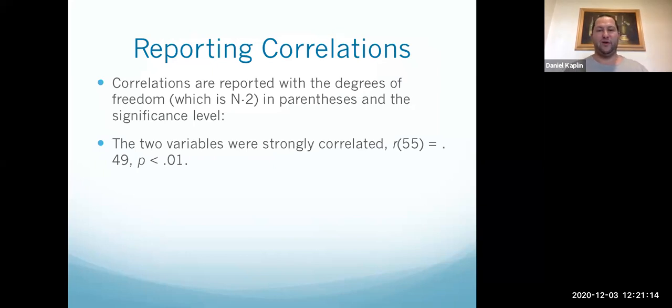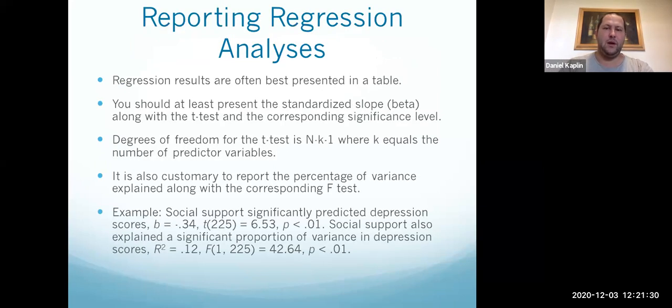So you look at the total sample size and subtract 2 from it, right? So R with 55 degrees of freedom equals a correlation of 0.49, and P is less than 0.01. So that's significant, right? Now, when we talk about a correlation, we're talking about a bivariate correlation.